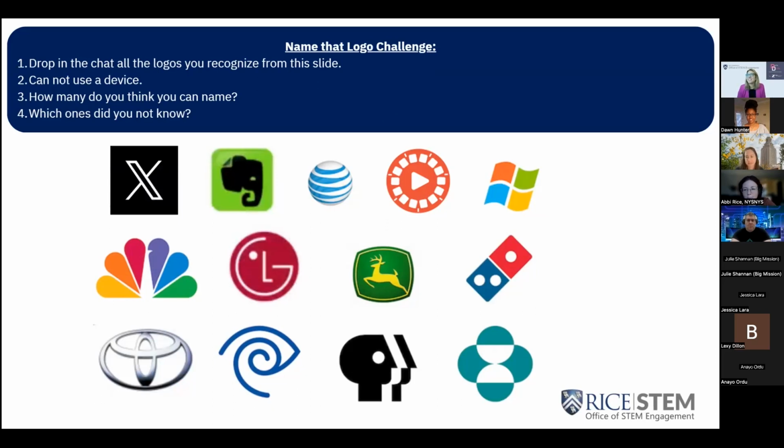Ooh, I see some got it. Yeah, the mint greenish one was a curveball as well.